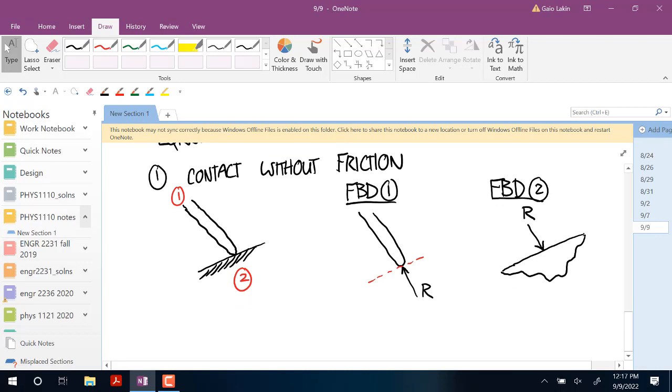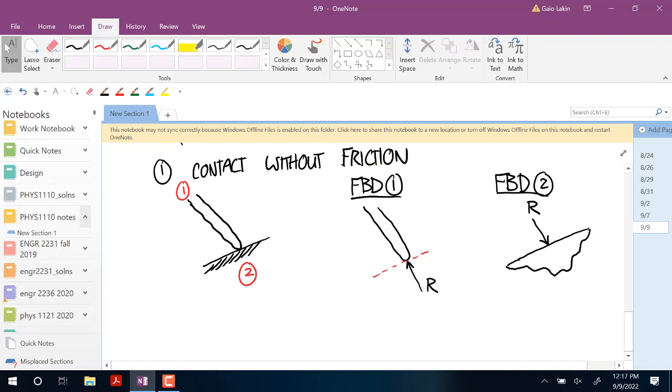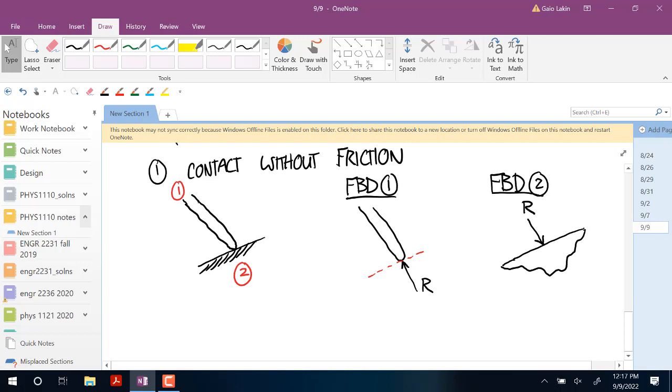Now, some of these forces we're going to talk about are going to allow forces in both directions. Some are only going to allow a force in one direction. So if you get a negative value, you know something went wrong. This force can push this contact, but it can't pull.